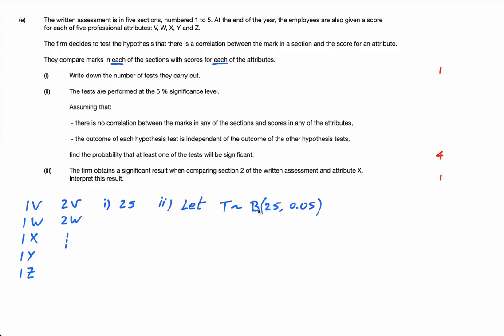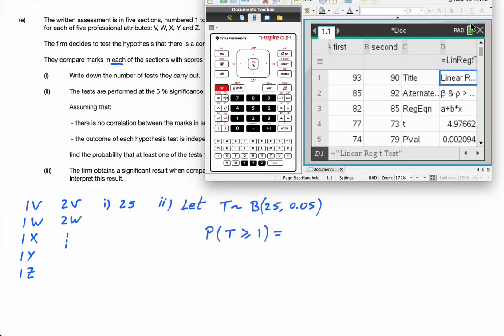So then T is a binomial distribution with 25 and 0.05, and then I just need to find the probability that T is, he said, find the probability that at least one will be significant. So that's T is greater than or equal to 1. And I can just do this on my calculator.